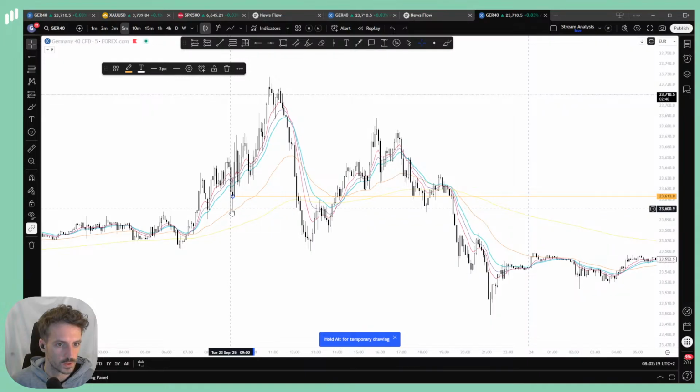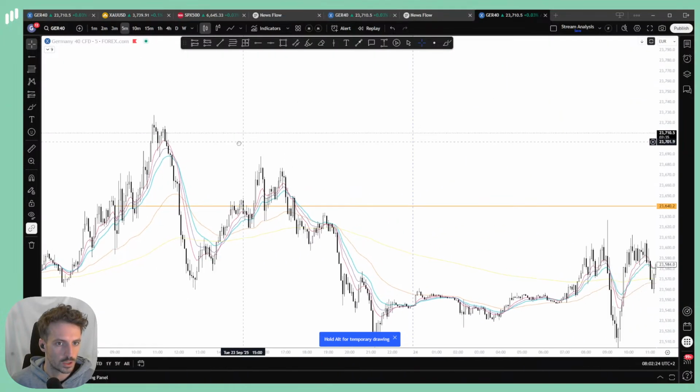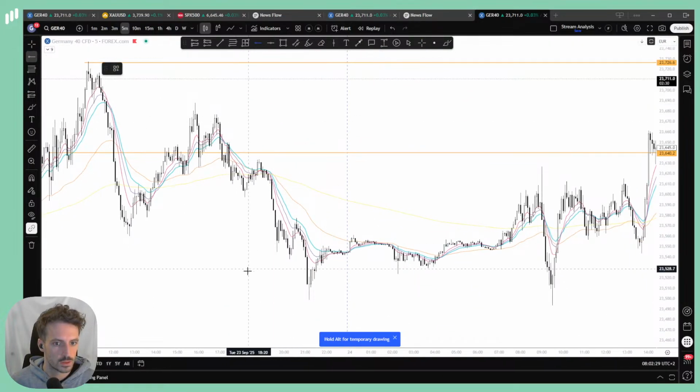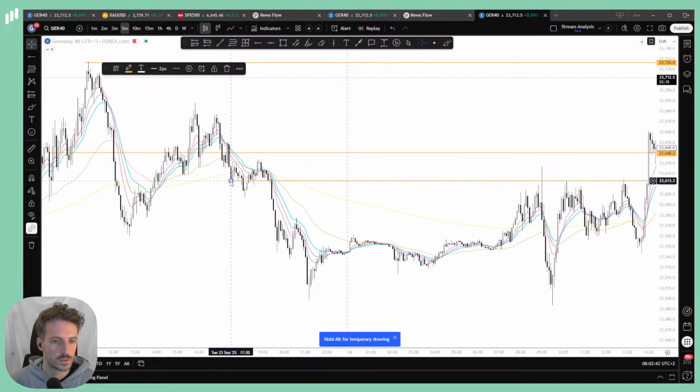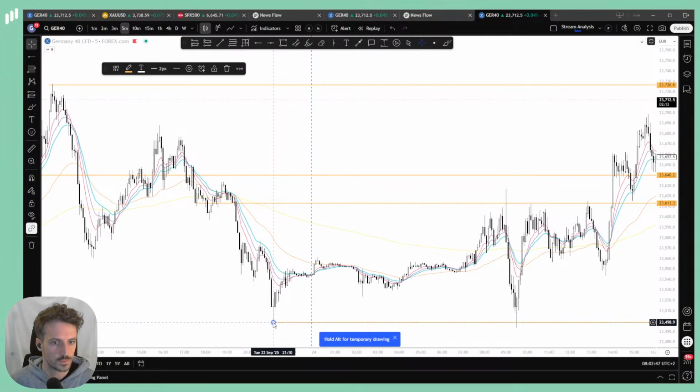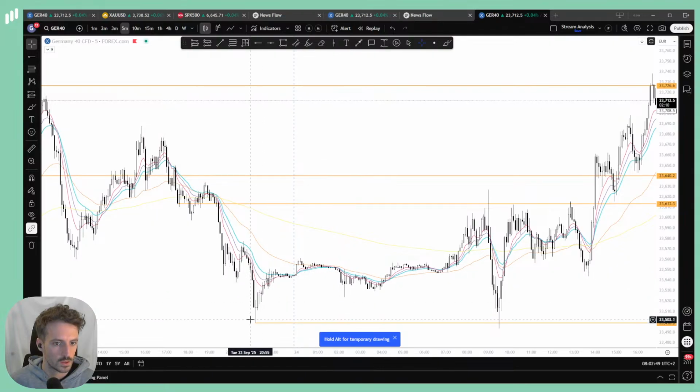Okay, so this is the open bar, high, and then regular session low, 5:30, there we are. And also end of day low. Okay, so outside of Frankfurt trading hours.